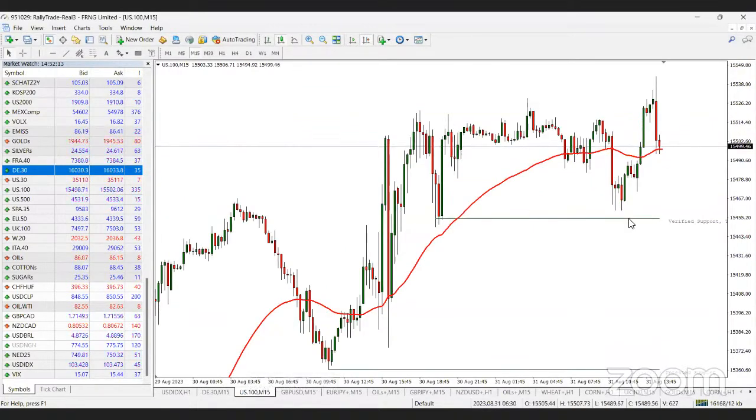For instance, if this candle closes below this place bearish, and then the next candle closes below, that's two consecutive bearish candles, I can now sell to the nearest support.